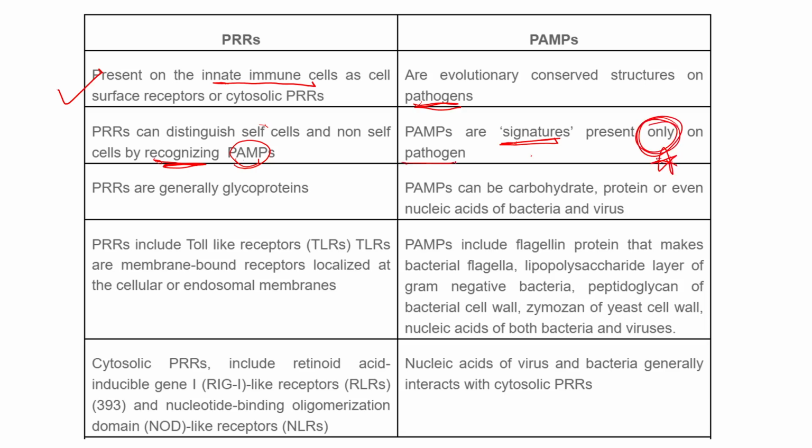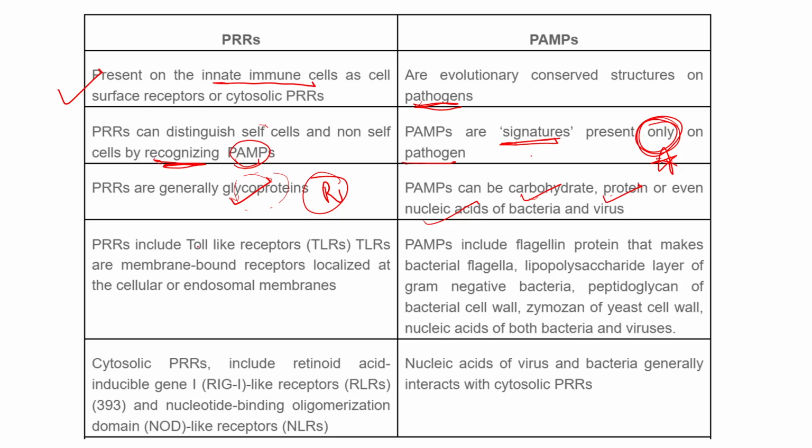PRRs are generally glycoproteins, and a PAMP can be carbohydrate, protein, nucleic acid, or literally anything. The PRRs are glycoproteins because these are the receptors on the host cell.